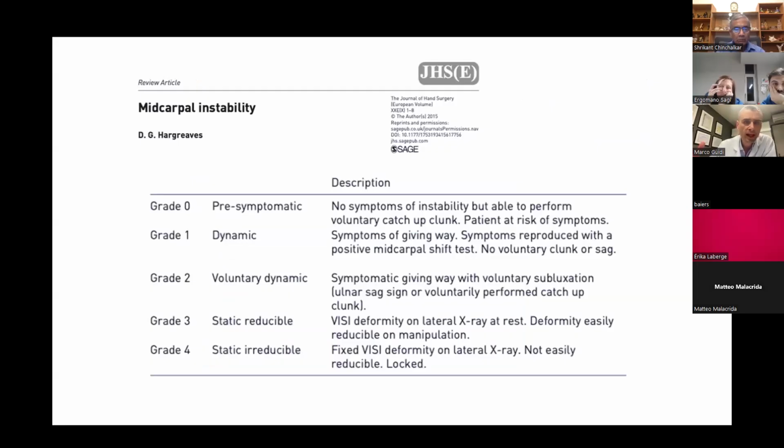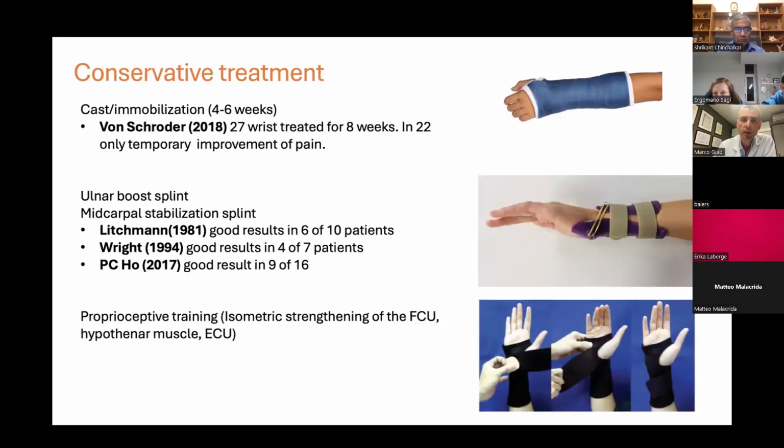So grade 0 is pre-symptomatic, with no symptoms, and able to perform a catch-up clunk. These are patients that are at risk of symptoms, so we need to treat them. Grade 1 is dynamic, and voluntary dynamic in grade 2. And the other two, grade 3 and grade 4, are static reducible and static irreducible, and we need to think about more surgical options.